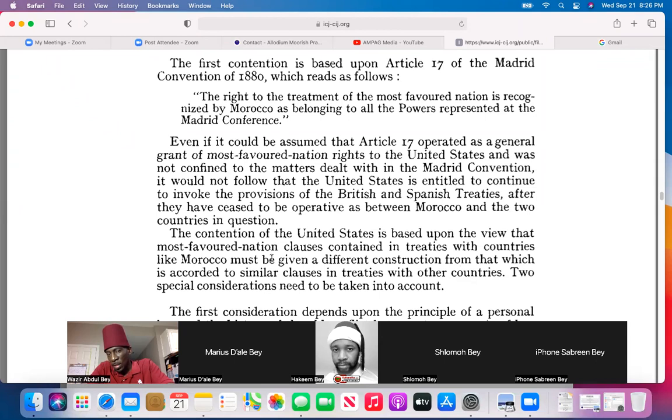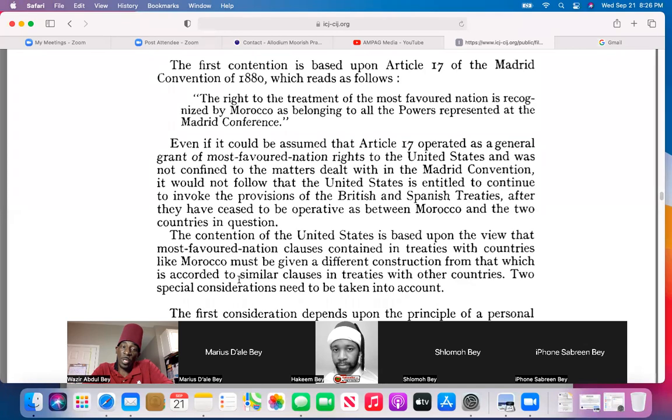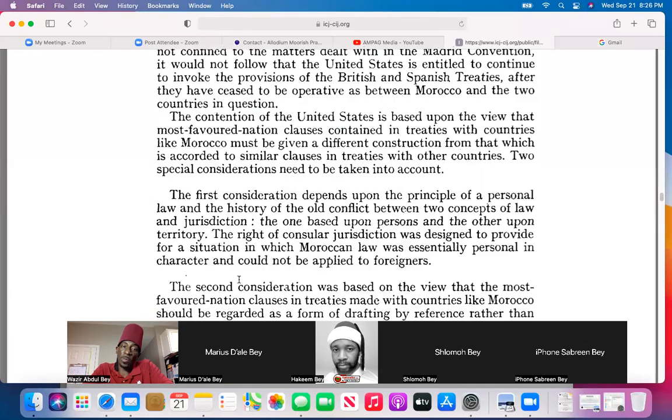This is interesting. The contention of the United States is based upon the view that most favored nation clauses contained in treaties with countries like Morocco must be given a different construction from that which is accorded to similar clauses in treaties with other countries. Two special considerations need to be taken into account.